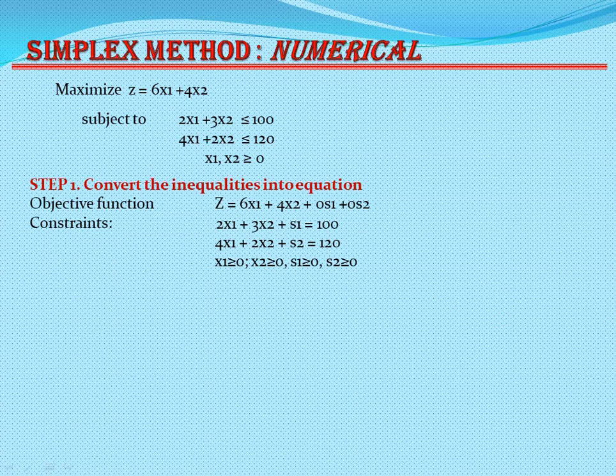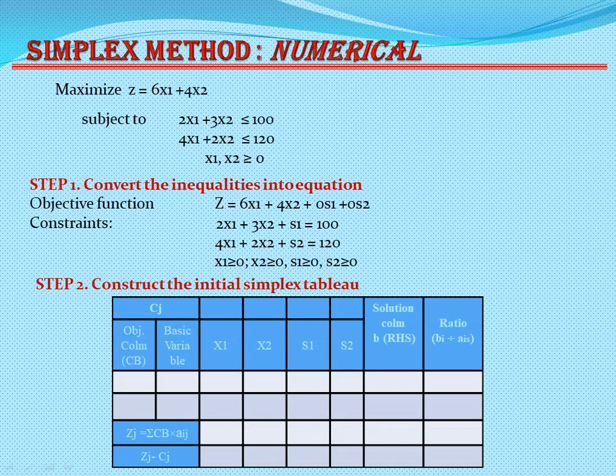Now next we have to prepare the simplex table. So the simplex table is prepared in this form. The first row is the Cj row, that is the objective row, and then we have to prepare the columns. The first column is the objective column denoted by CB, then the second column is for basic variables, then there are the variable columns.